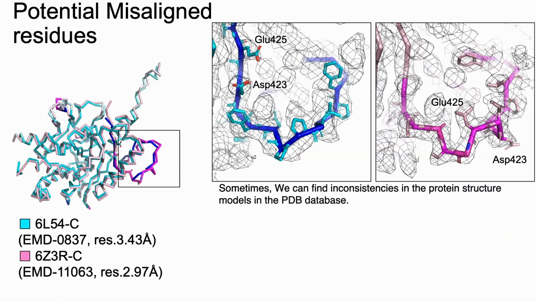They look well fitted to the density map. But the interesting thing is that these two models have inconsistent sequence assignments. Residue 425 is modeled here in the blue model 6L54, and 443 is modeled here.